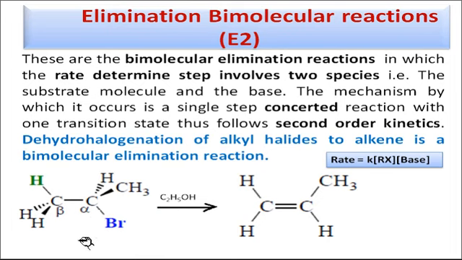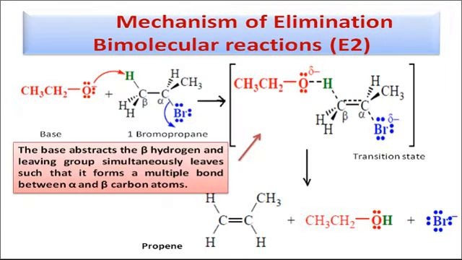For example, in the reaction of the tertiary halide with the alcohol, formation of the alkene takes place. Look at the mechanism here. When 1-bromopropane is reacted with the base, what happens here? This is the alpha carbon atom and this carbon atom is the beta carbon atom. In these reactions, the base abstracts the beta hydrogen. This is the base.